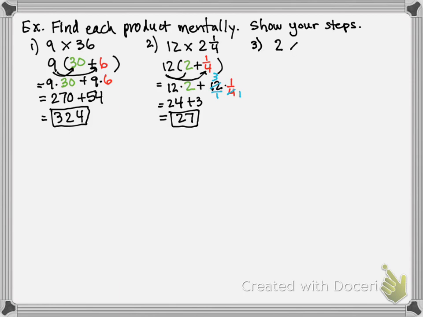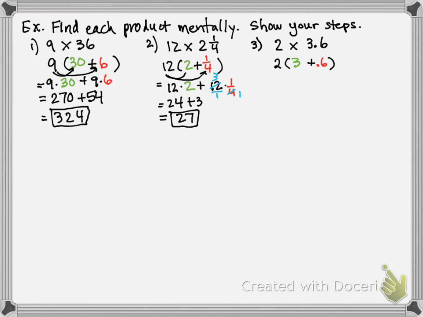And guess what? We're going to do it with a decimal. 2 times 3.6. So we're going to have 2 times the quantity, and you got it. We're going to break it up into its whole number and into its decimal.